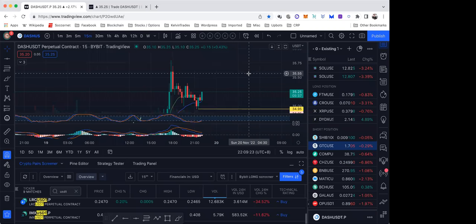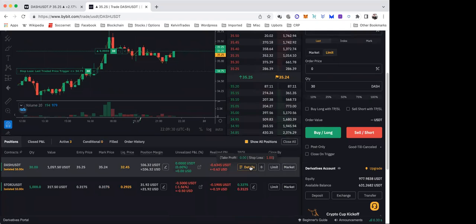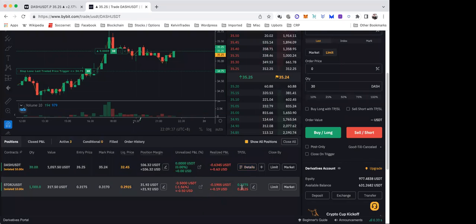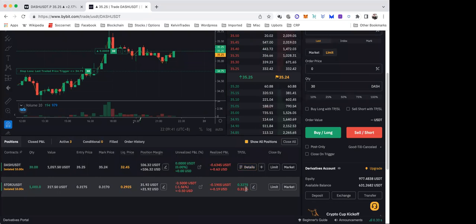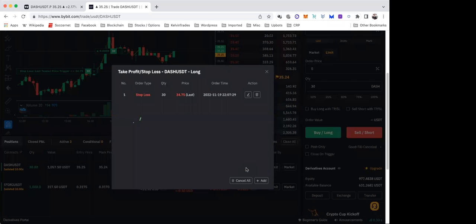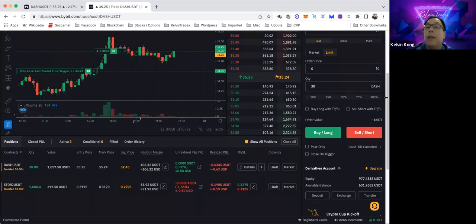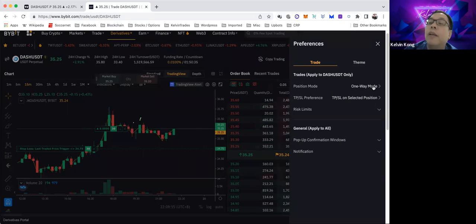Sorry, Kevin, why doesn't my stop loss have the details? I'm already in one-way mode. You sure you don't have these details? Mine is not exactly like the stocks, but it's like a dash slash 34.75. You confirm you are in one-way mode?